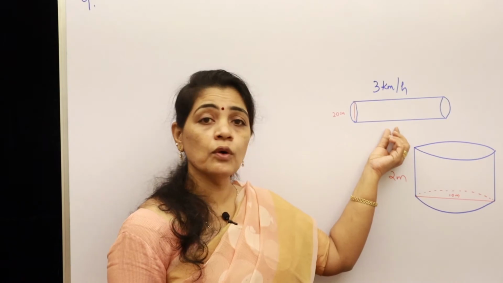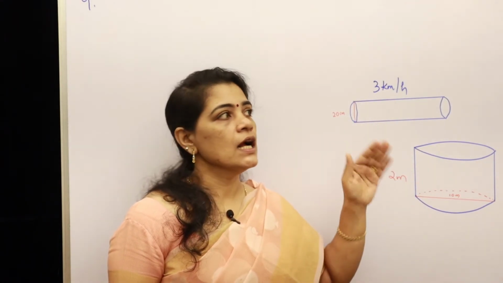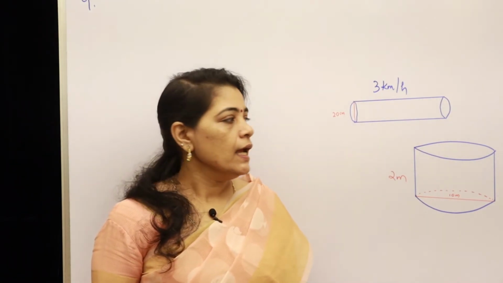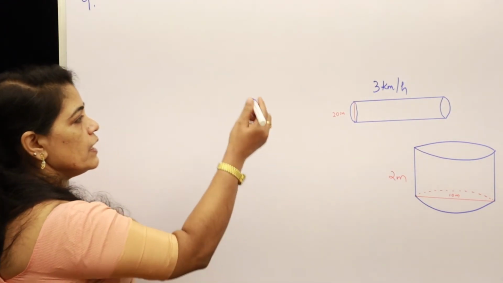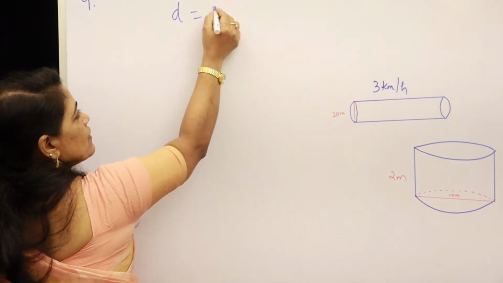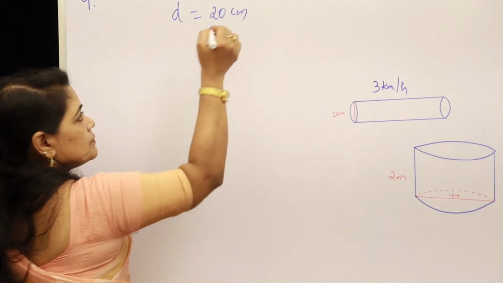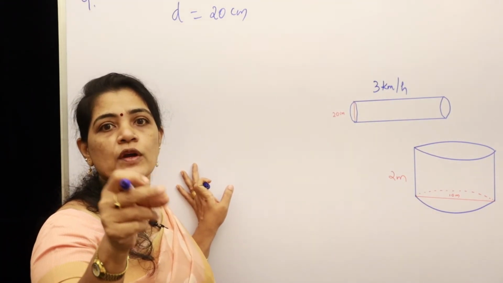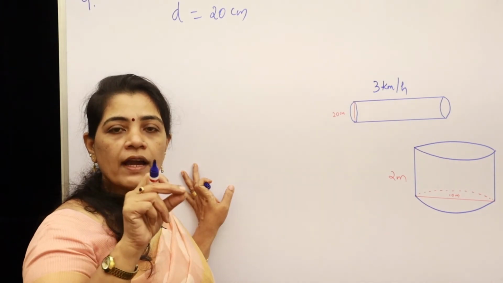Okay, you should know the volume of water that comes through the pipe in 1 hour. For that, children, here we have given only the internal diameter of the pipe, 20 centimeter. But we need the height, that is the length, in pi r square h. Instead of height, what is given?